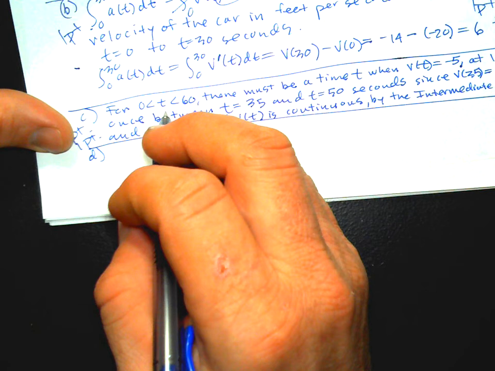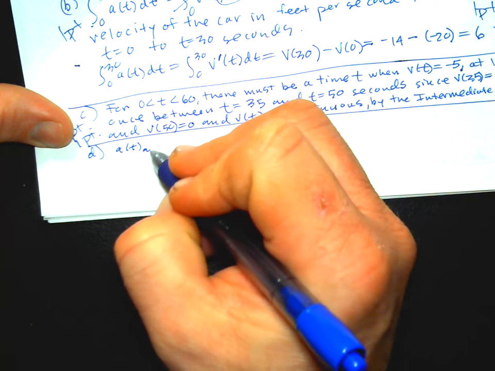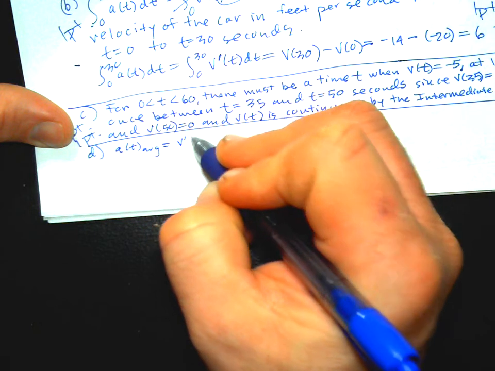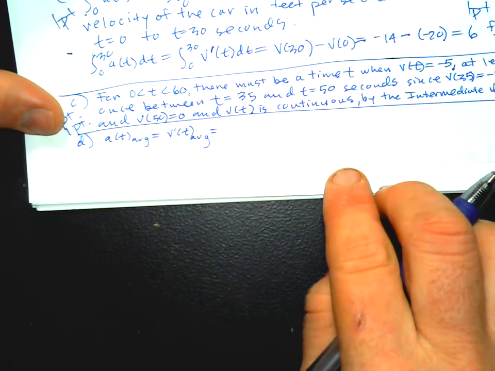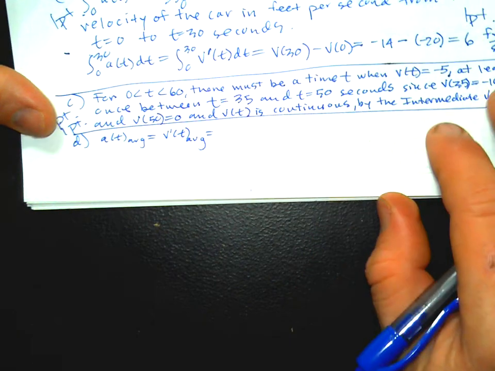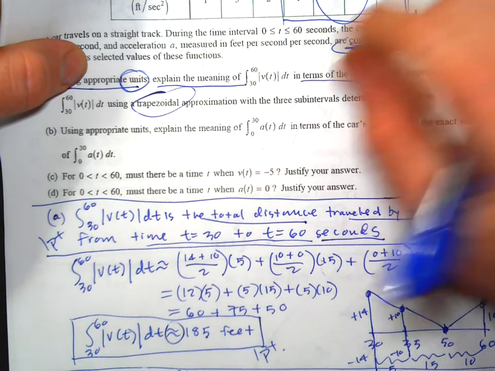So intermediate value theorem is not going to work. So maybe we could say average acceleration, which would be average v prime. So we could calculate that, and we want it to equal 0. So can you find any velocities that are the same?